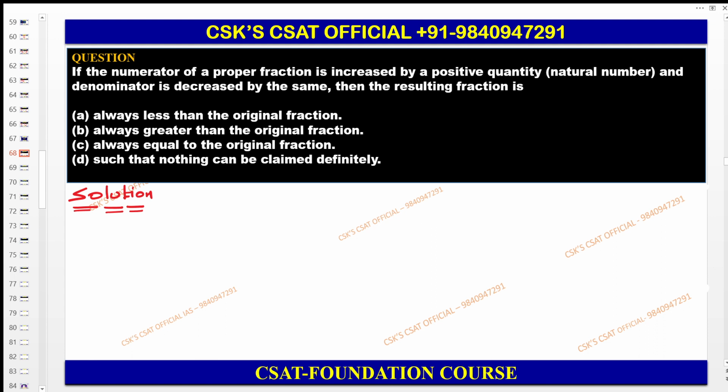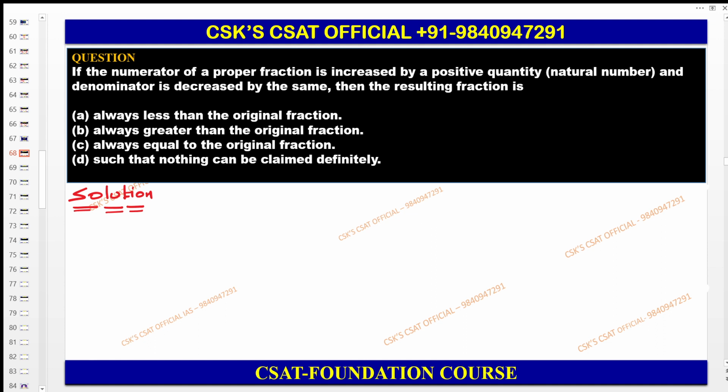So here, if the numerator of a proper fraction is increased by a positive quantity, that is a natural number, and the denominator is decreased by the same, then the resulting fraction is... Let me give you a simple example you can take.